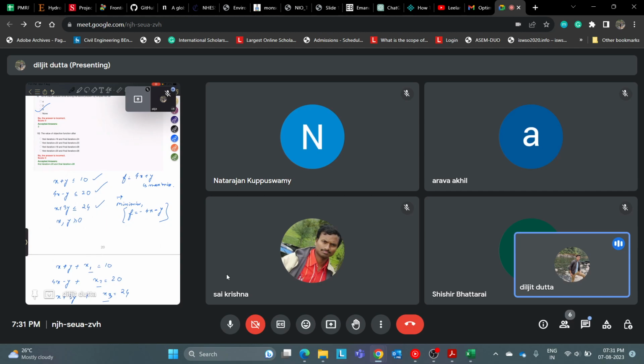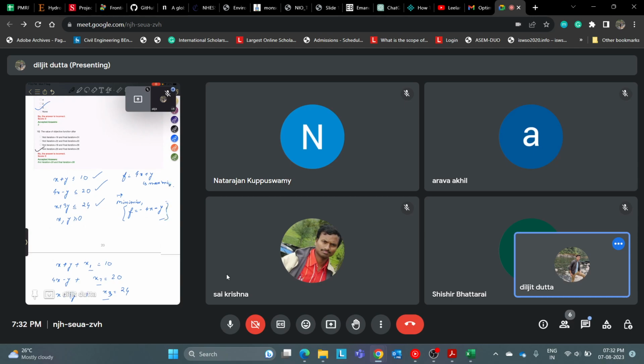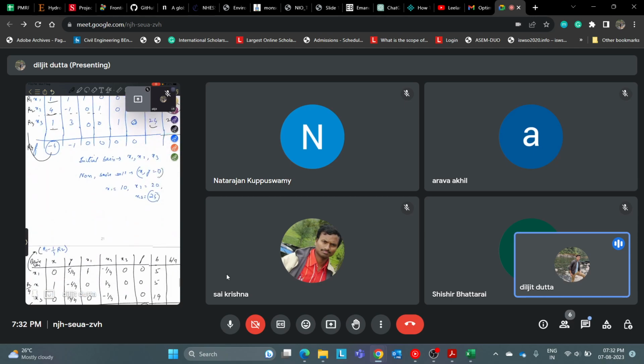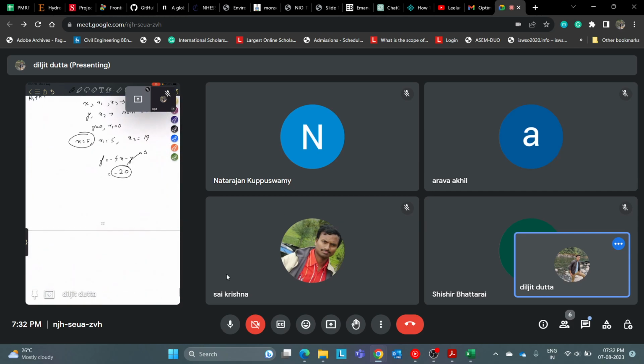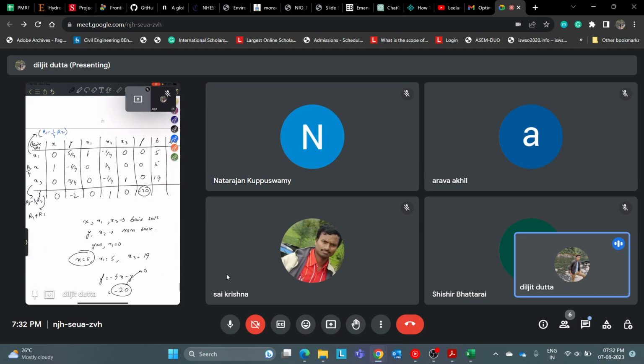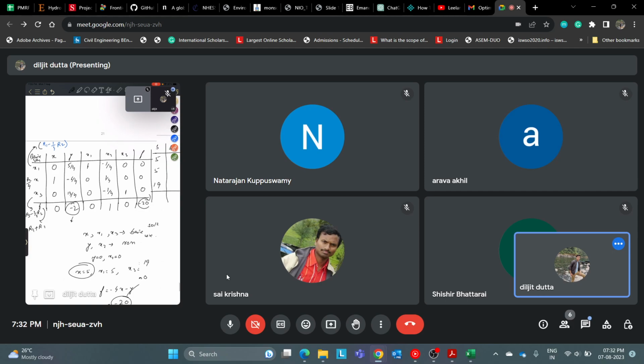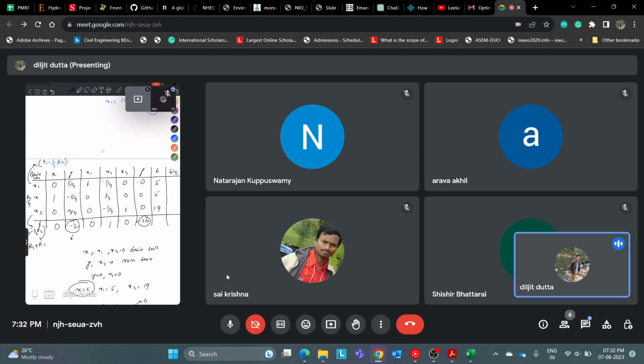So we can go directly with the final option, that is 20 and 20, since all the other options are not matching, but still we will do one more round of solution to get the final solution. So now what we see, corresponding to y the coefficient is negative and all other coefficients are positive. So y will go into the basic solution. Which variable y will replace depends on b by aij.